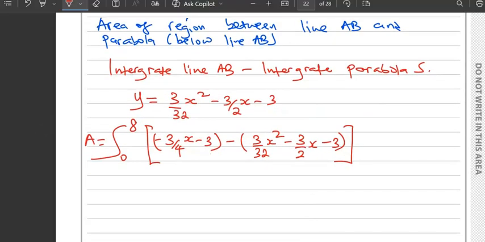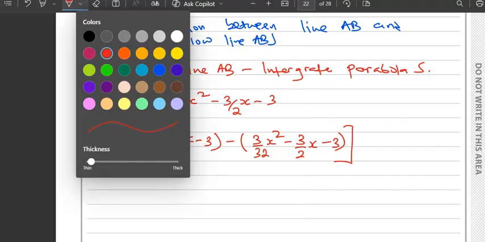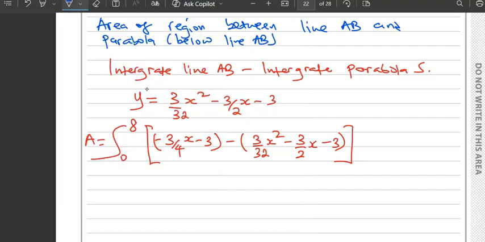Simplifying these two equations, we combine negative 3 over 4 x and plus 3 over 2 x.